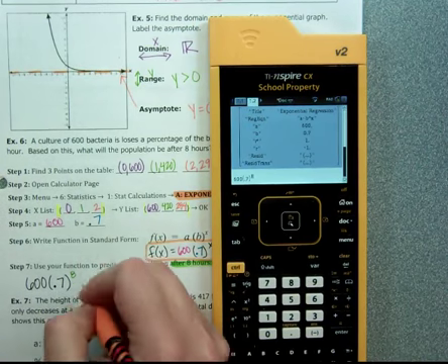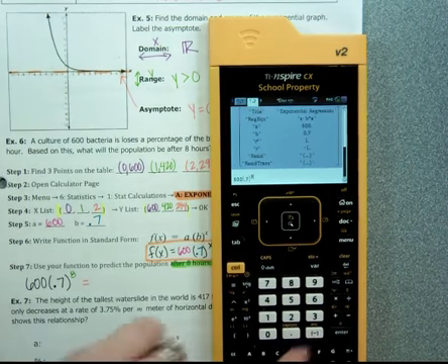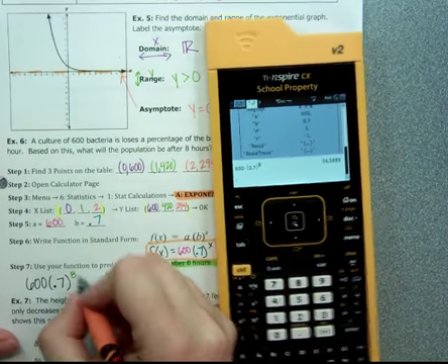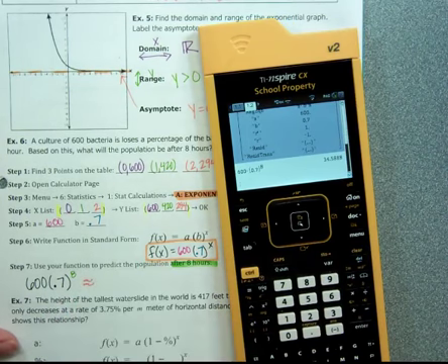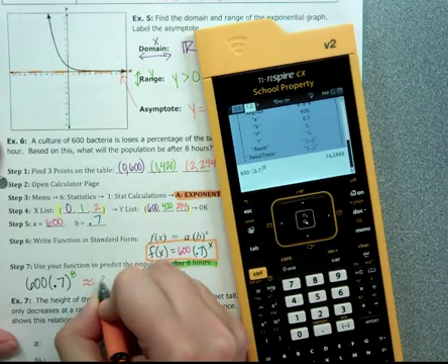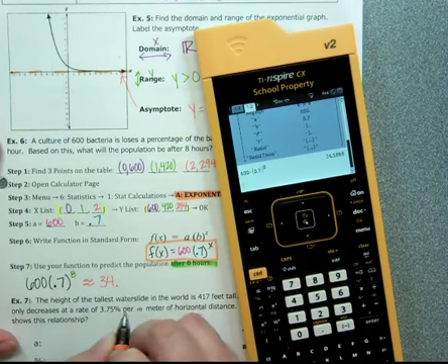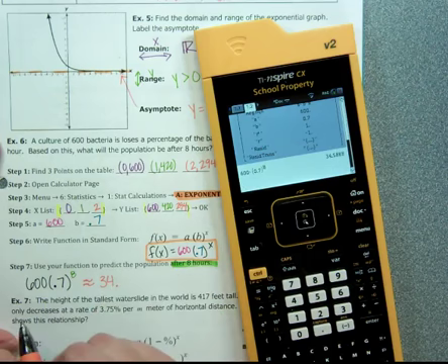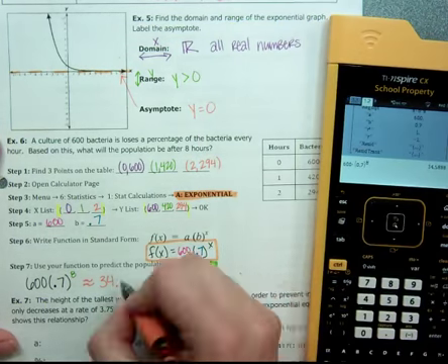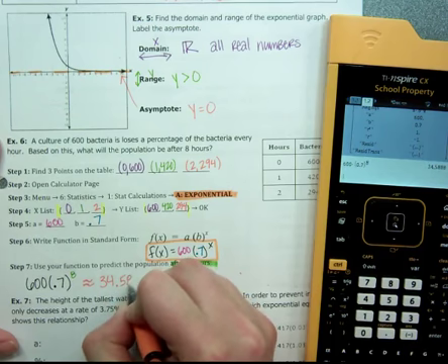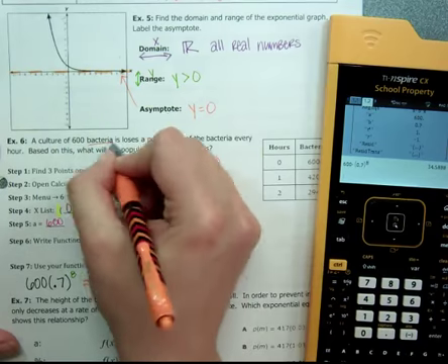Don't shout it out. Give people a chance to type it in. So I'm going to round this, so I'm going to use my approximately sign. Approximately 34.588. You could leave it at 34. You could do 34.588. And what are we in here? Bacteria. Yuck.